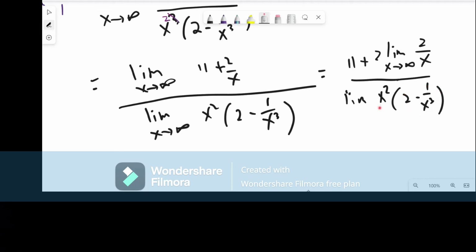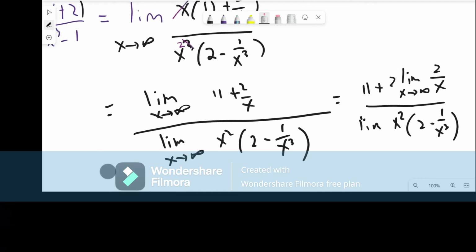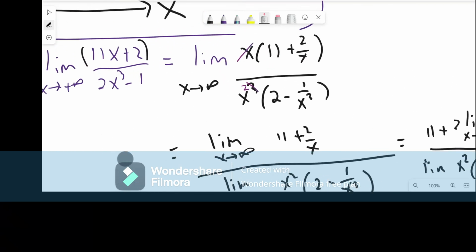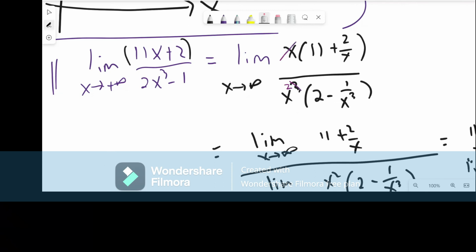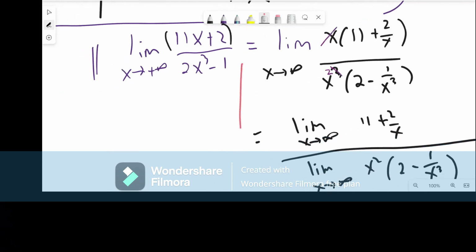Therefore, I reckon it is not quite appropriate to use this methodology of extracting only x from the numerator, but x cubed from the denominator. I should have actually done these questions in a different way, so I'm going to try this again.